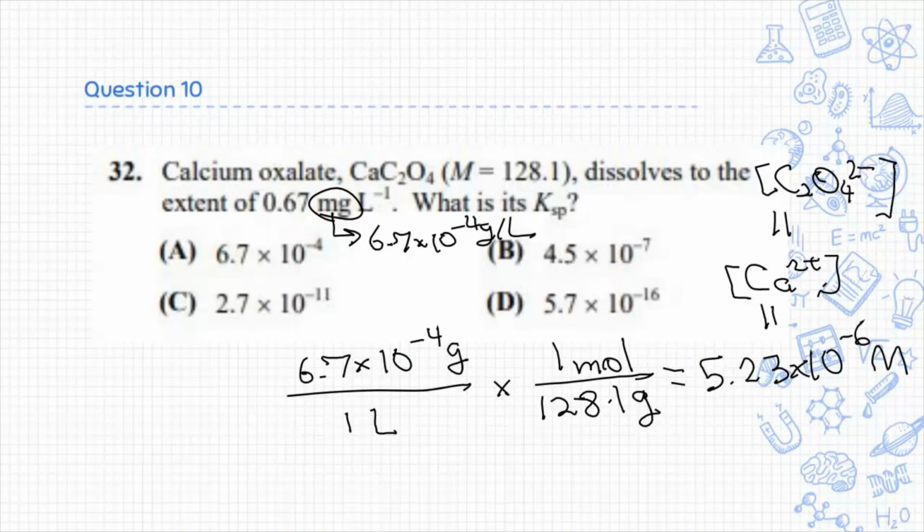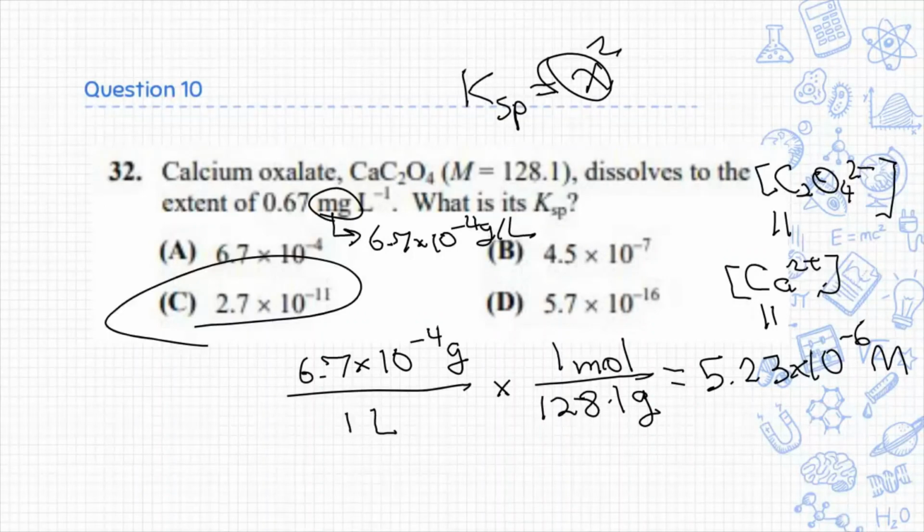Remember how I made the relationship where Ksp equals x squared? This value is the same thing as x in this case. So if we square this value, we would get the Ksp value. And that turns out to be 2.7 times 10 to the negative 11th power, which is C. Any questions?